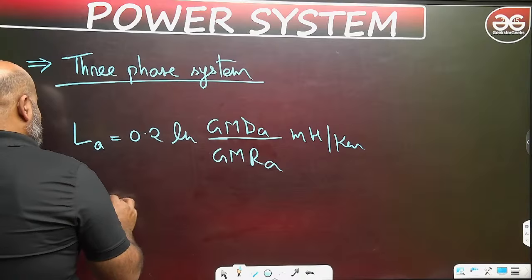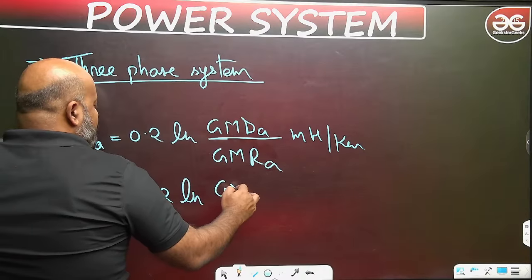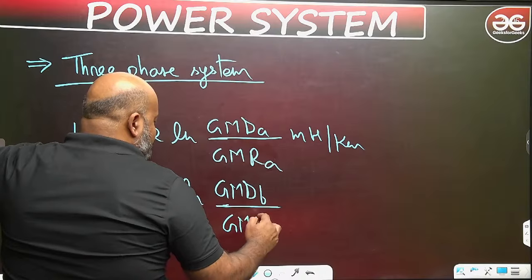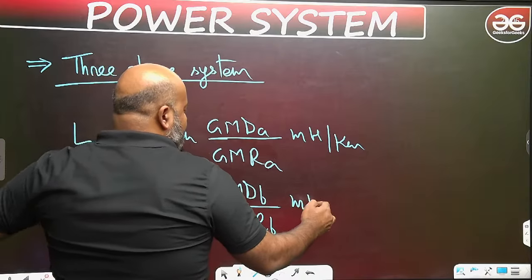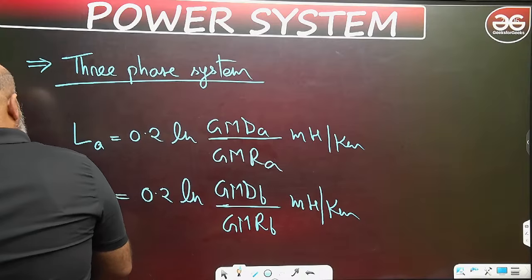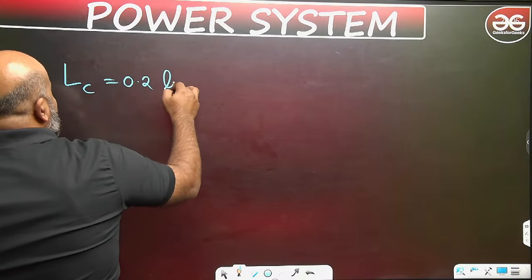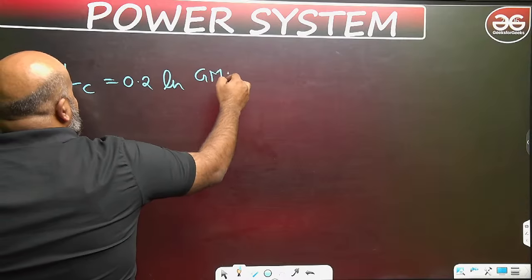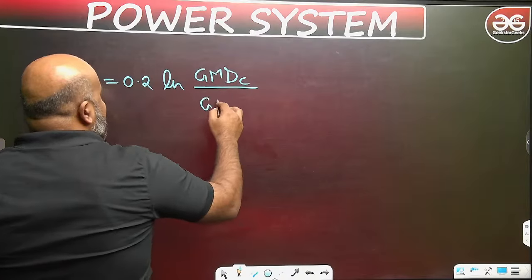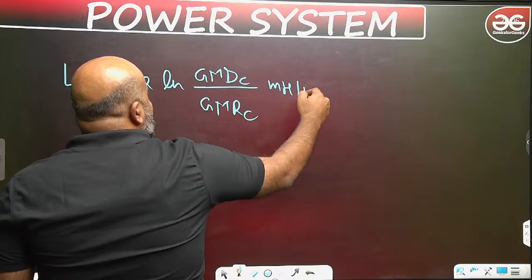If you are writing for B phase, you can write it as 0.2 ln GMD_B upon GMR_B, this is millihenry per kilometer. If I am writing for C, it is 0.2 ln GMD_C upon GMR_C. This is millihenry per kilometer.